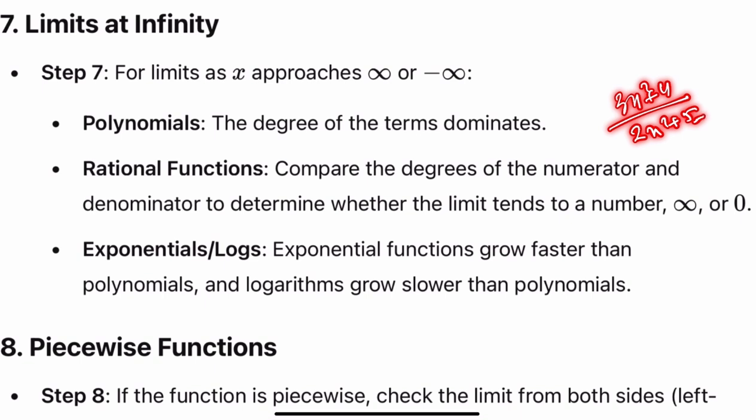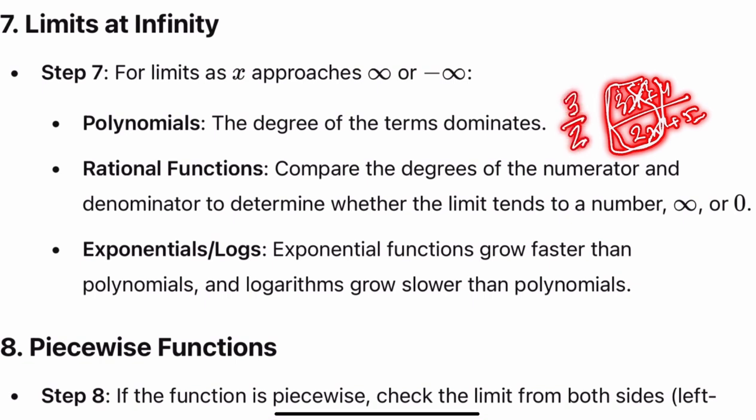So the leading coefficients of the numerator and denominator dominate the behavior of the function as x grows larger. In this case, you just keep these two and cancel the x squared, and you will be left with 3 over 2.